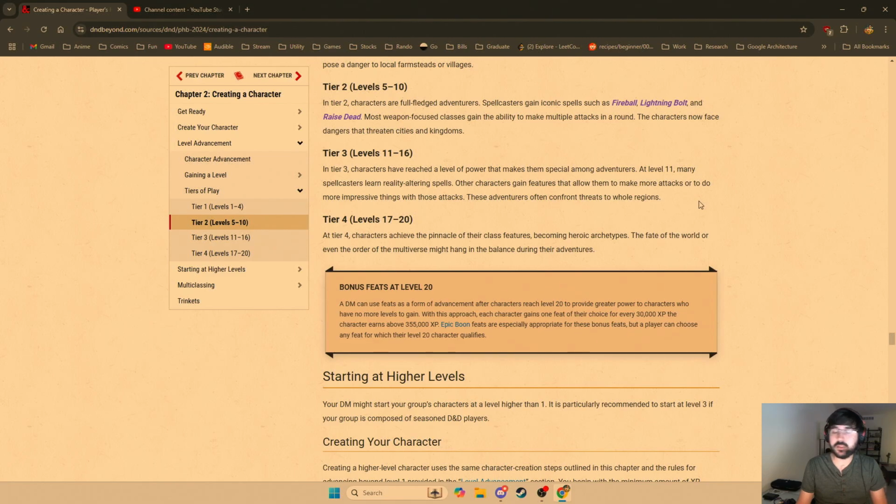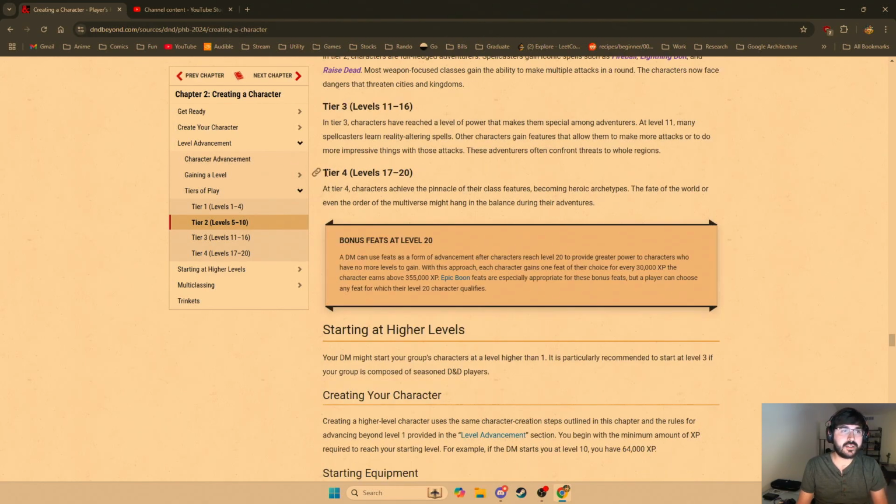Not always, but sometimes. At tier 4, you have pretty much hit the cap. You are now ready to rumble with the big boys. This is where you're fighting your dragons, your demons, your elder demons. You're dealing with large scale problems. You have some serious tools under your belt.